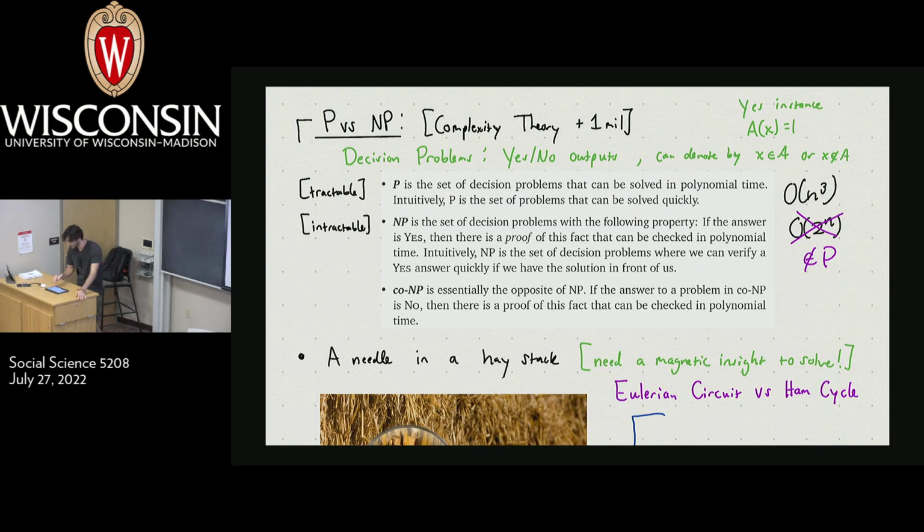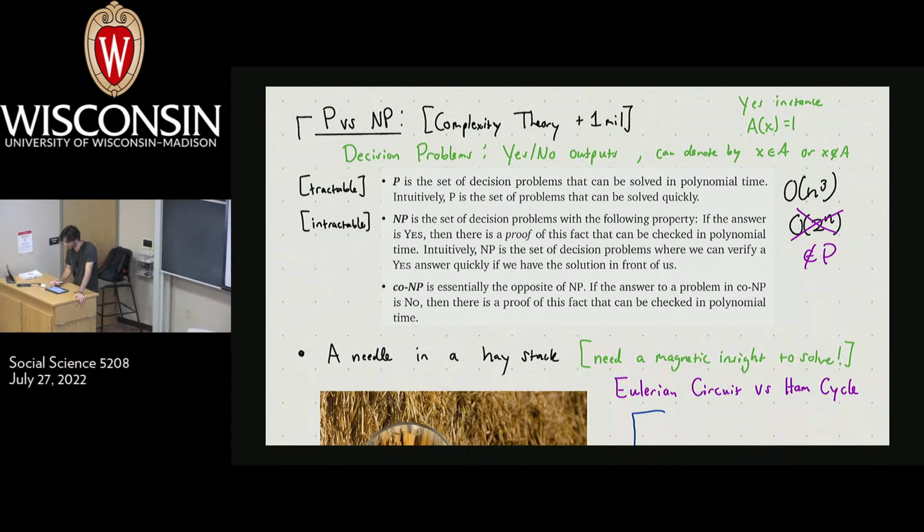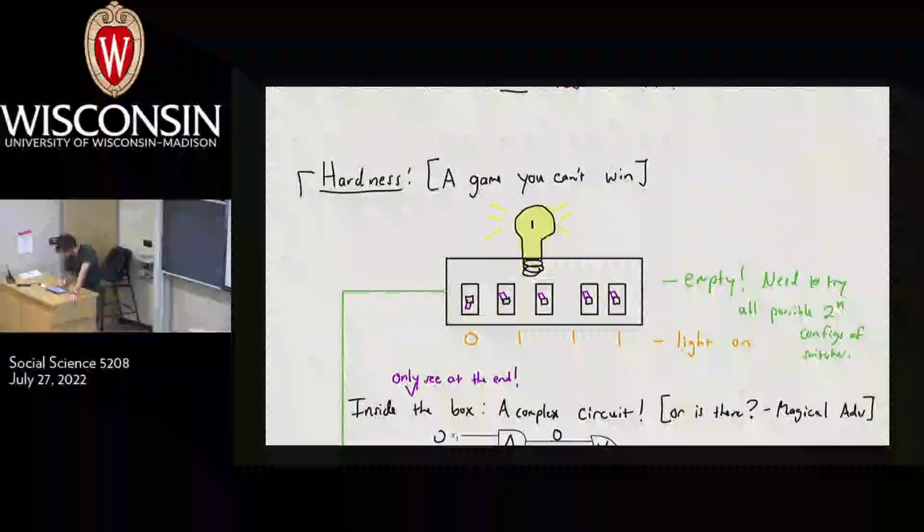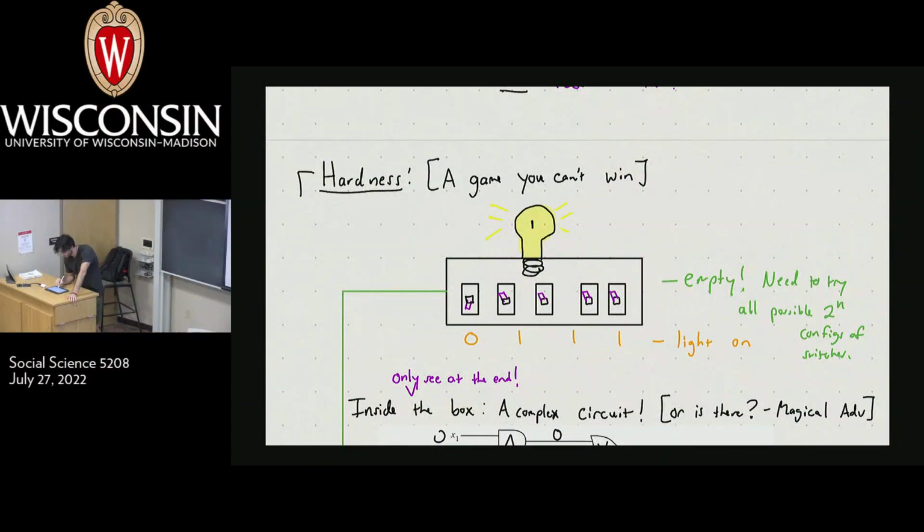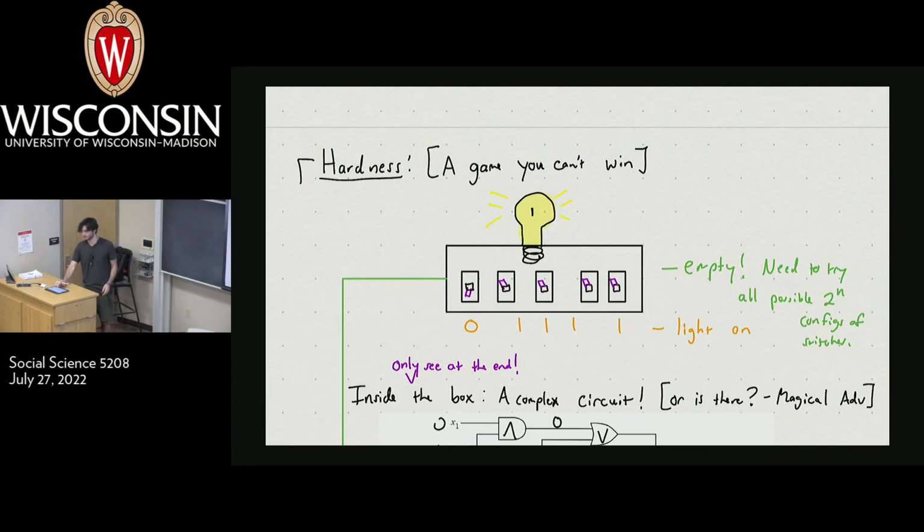So for circuit SAT, what's a short proof that it was a yes instance? It'd just be a specific setting of the variables. So here, in orange, the 0, 1, 1, 1, I guess I need another one now. This is a short proof that it's a satisfiable instance.